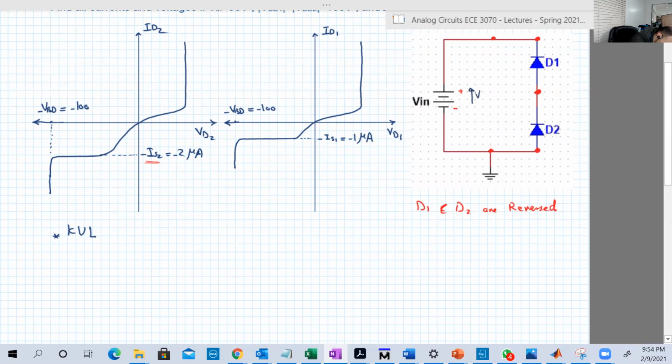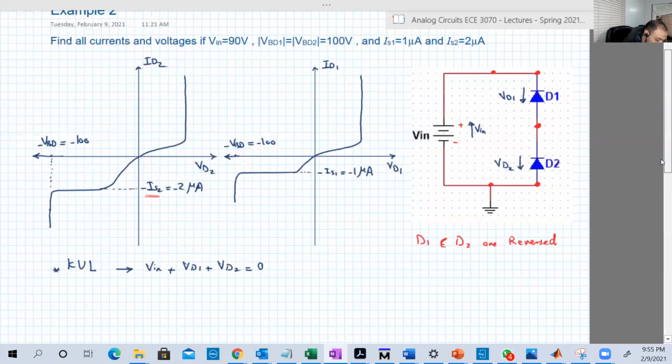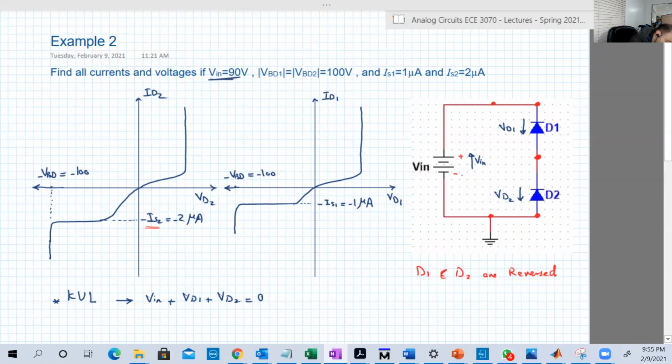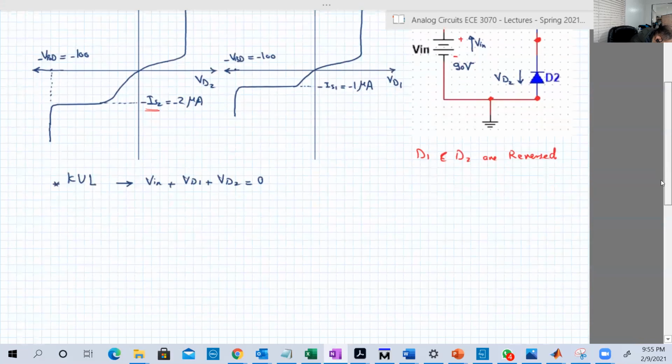This is the direction of V input, this is the direction of VD1, and this is the direction of VD2, from N to P. So from KVL, V input plus VD1 plus VD2 equals 0. And remember, V input here is 90 volts. It's a given. Let's write it here.